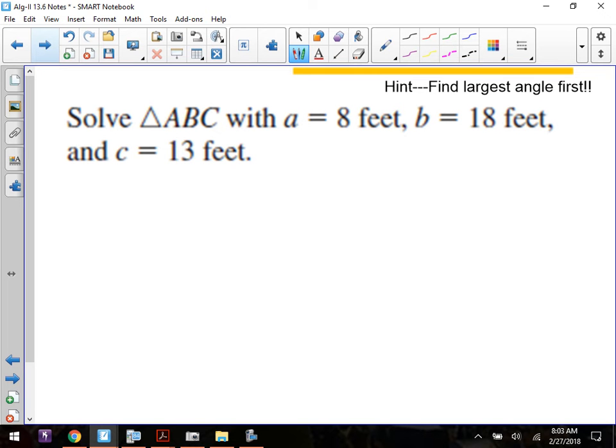Let's try the other version of this. When you have the three sides.